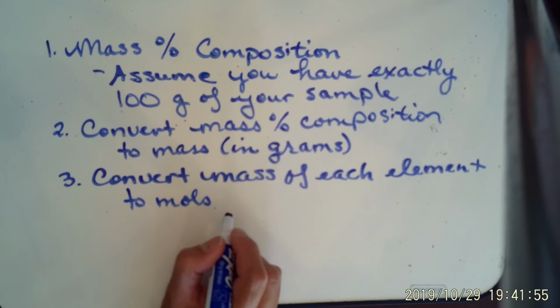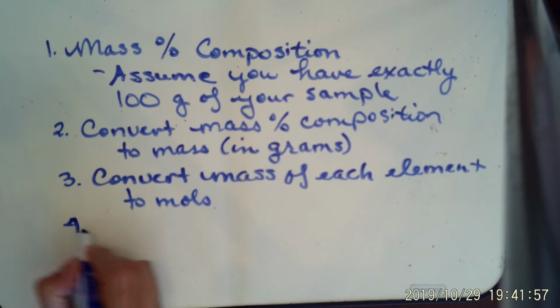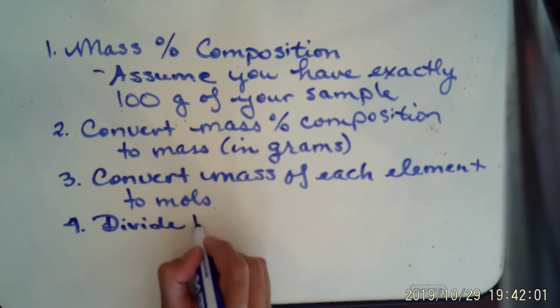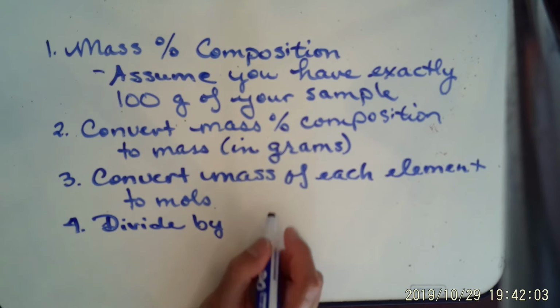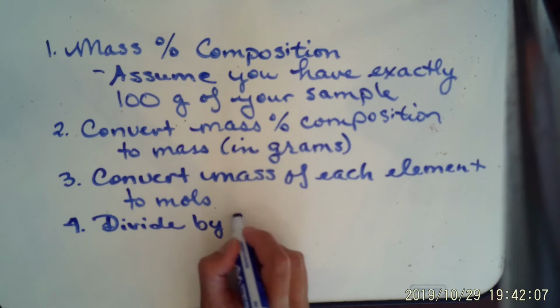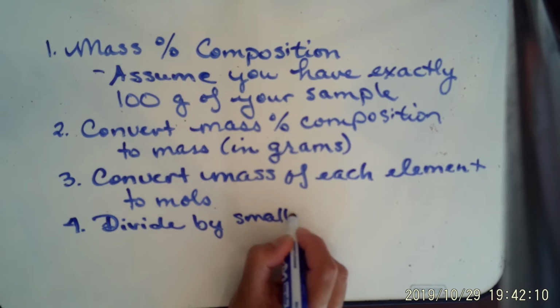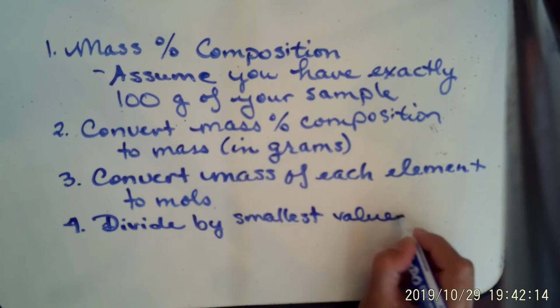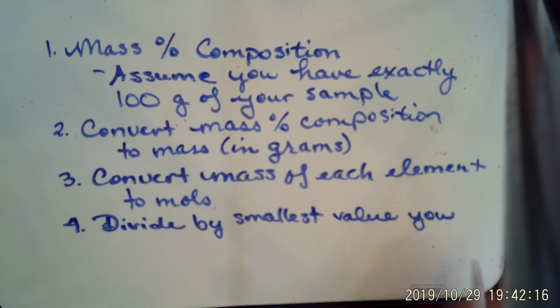After you do this, you're going to divide by the smallest number. Whichever moles value is the smallest, you're going to divide by that, the smallest value you obtained at step 3.